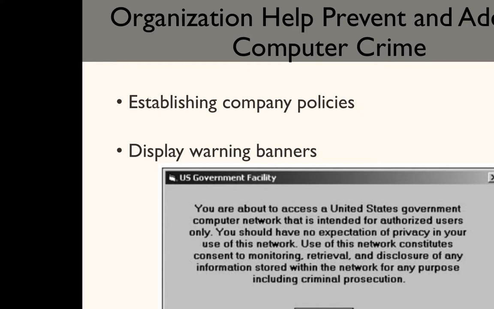Sometimes you see a disclaimer like this. Even if you use an ASU computer, you will see a disclaimer like this. But you never read it, I guess. This is actually talking about your rights and the corporation's rights.